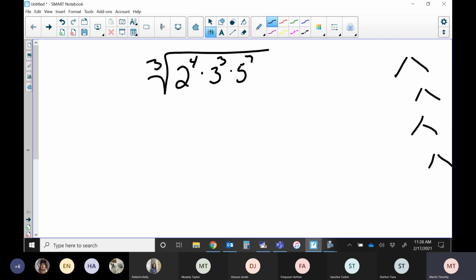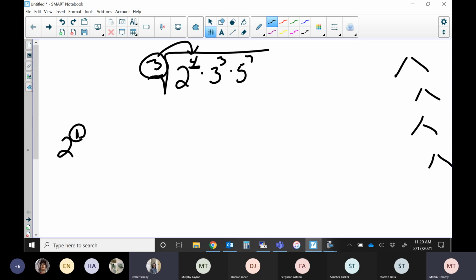Okay, how many times does 3 go into 4? That's what I'm asking, not the 2. How many times does 3 go into 4? 1. And so I'm going to get the base number of 2 out 1 time. Normally I would not write this one, but I'm doing that just to show you. So I get 1 2 out. But the problem is 3 goes into 4 1 time with what?